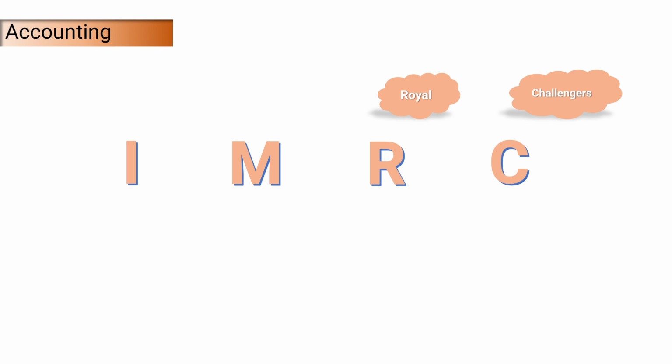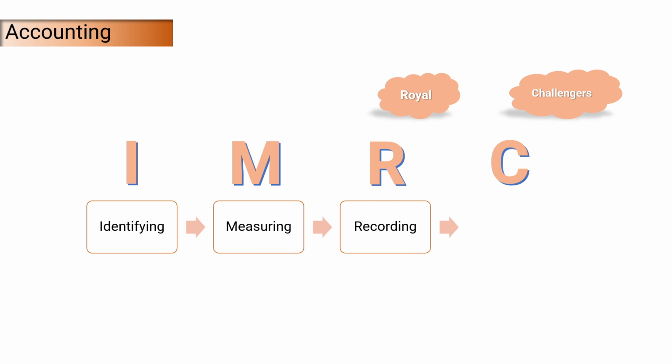I will start with what I means. I means identifying, M means measuring, R means recording, and C means communicating. So, accounting is "I am royal challenges" of economic events, where I means identifying, M means measuring, R means recording, and C means communicating.